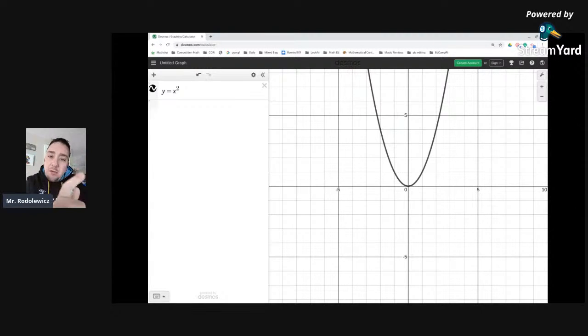So figure it out, play around with it, take a screenshot, screen capture, or take a picture on your phone, and put it in your Google Doc as your second picture. All right, I want 4 units to the right and 3 units down. Put multiple transformations together. I know you can do it. I haven't done it, but I'm going to leave that as your challenge for now. One more video to follow after this.